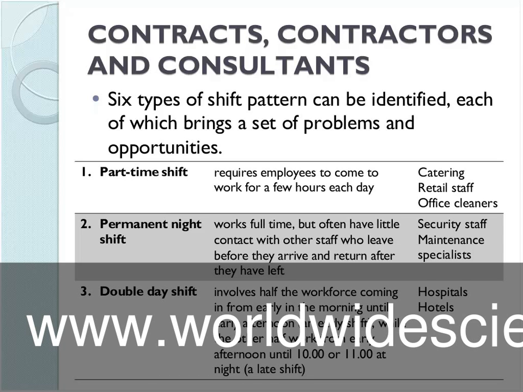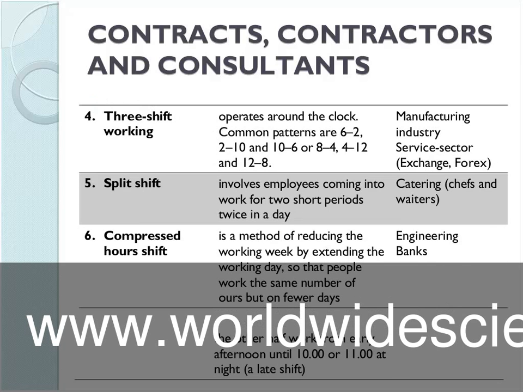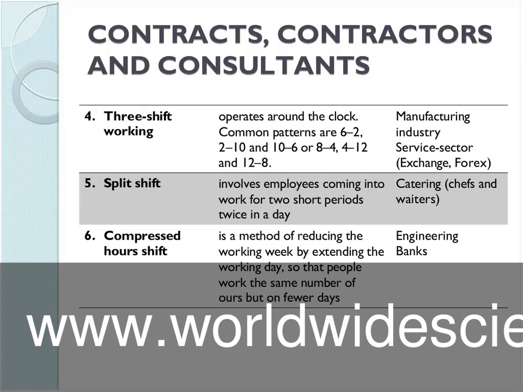The 3-shift working is a well-established approach in the manufacturing industry and in service sector organizations which operate around the clock. The common patterns are from 6 to 2, from 2 to 10, and from 10 to 6.